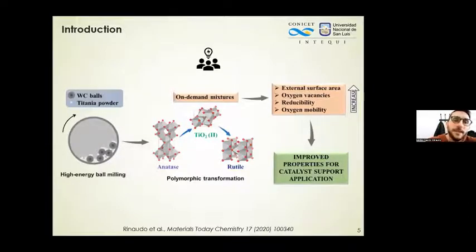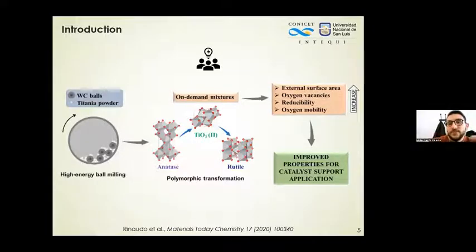Taking all of this into account, we performed this work using high energy ball milling, trying to produce polymorphic transformation of an anatase phase through the different polymorphs. By changing some milling parameters, we could have on-demand mixtures with enhanced properties, such as external surface area, oxygen vacancies, and also the reducibility and oxygen mobility of these materials.